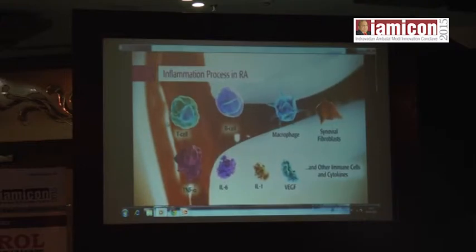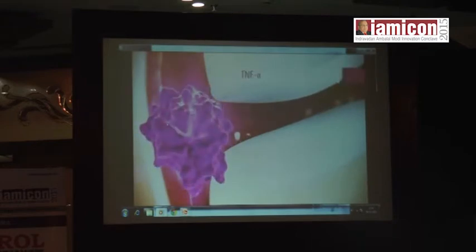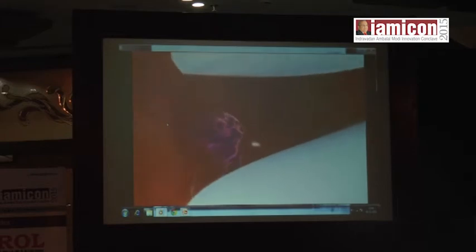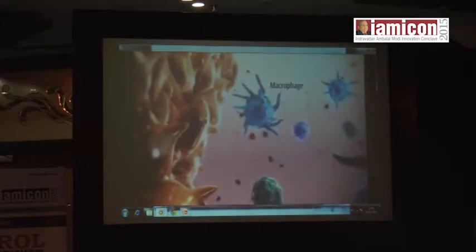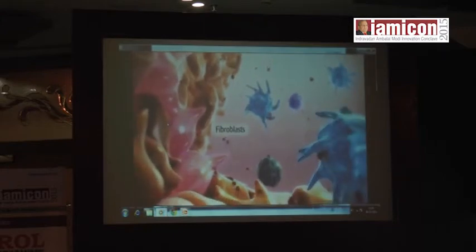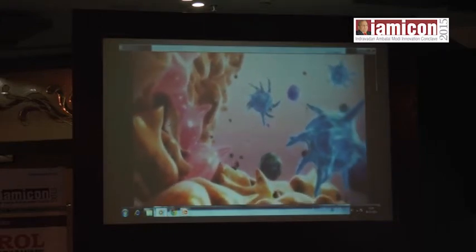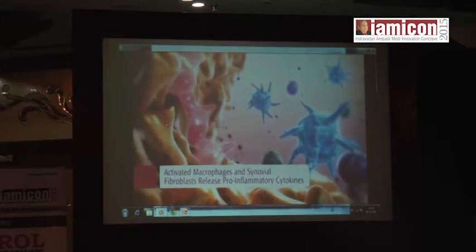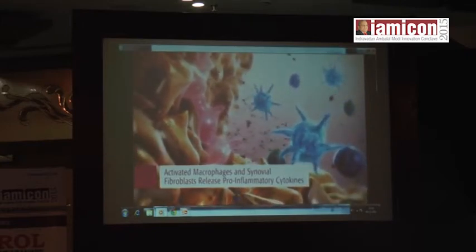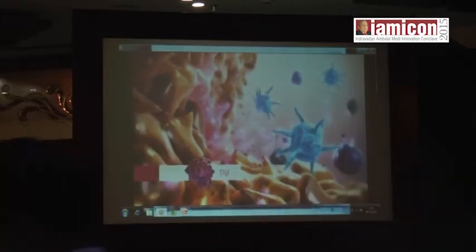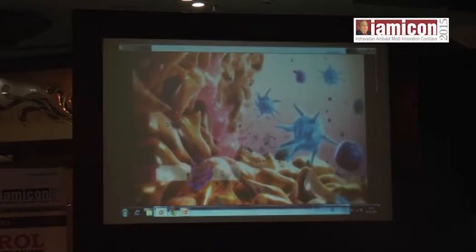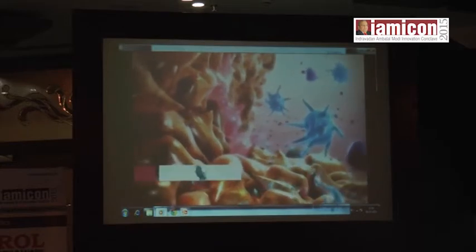As a key pro-inflammatory cytokine, TNF-alpha, along with other cytokines, activate immune cells, including macrophages, as well as other cells, such as synovial fibroblasts. In a key step, activated macrophages and synovial fibroblasts release pro-inflammatory cytokines, including TNF-alpha, IL-1 and IL-6, and mediators of vascular growth, including VEGF.